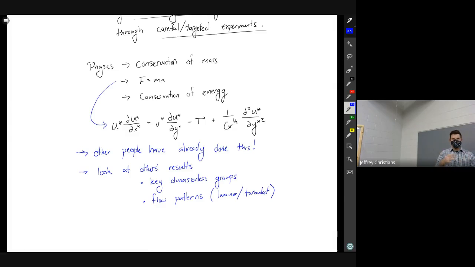How do you tell? How can you tell what flow regime you happen to be in? You're trying to get an understanding of the basic physics that are at play, initially using what other people have done for things that maybe aren't exactly the same, but are at least in the same realm of what's happening.